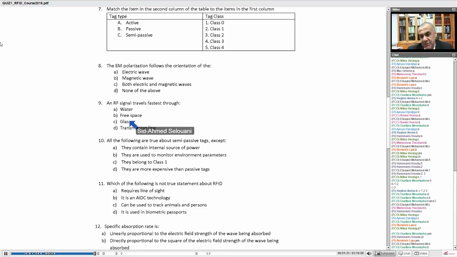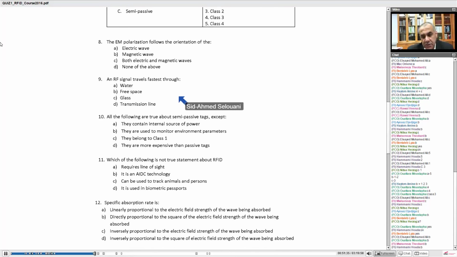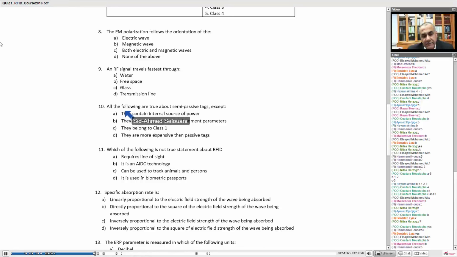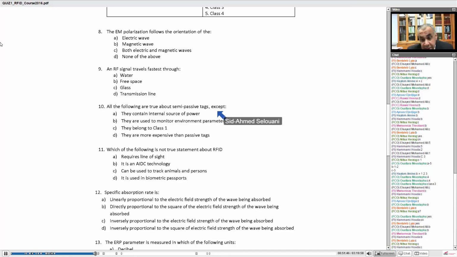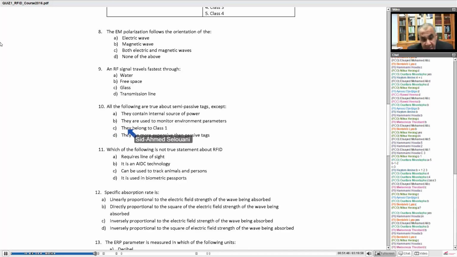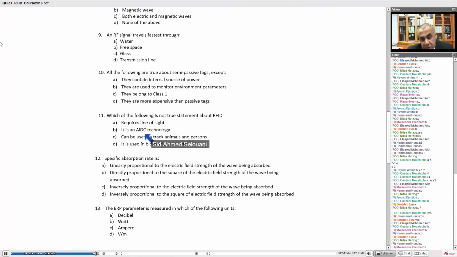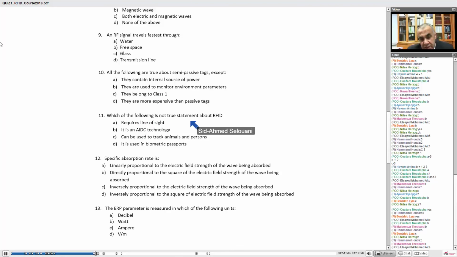Okay. 9th question. A radio frequency signal travels fastest through... It's obvious. B. 10. All the following are true about semi-passive tags except... Good, Lisa. Class 1 is passive, it's not semi-passive. So there is only one which is false.